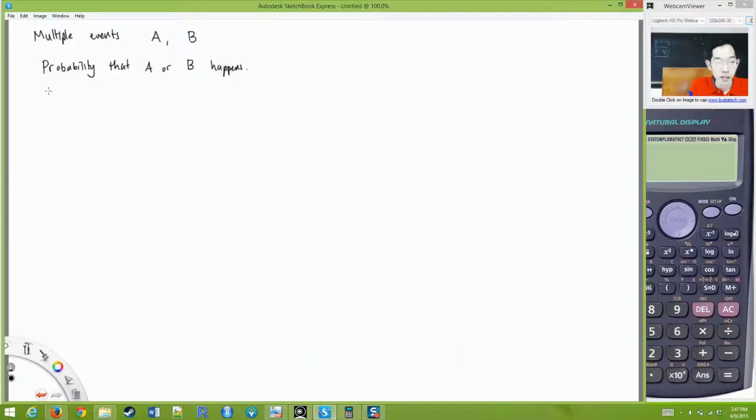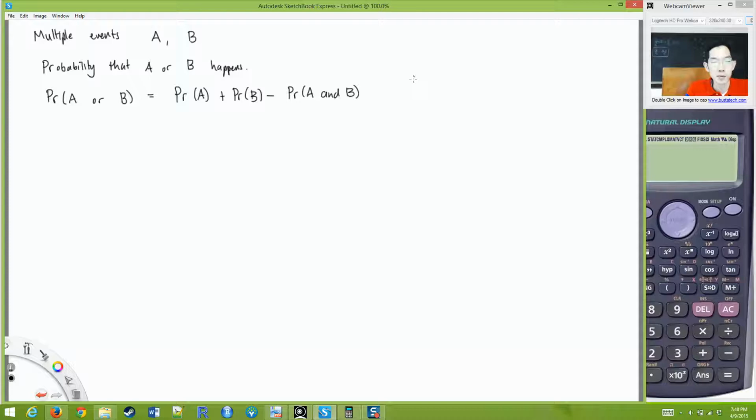Okay? And we would write, this would be the probability of A or B. Okay? And the formula for this is the probability of A plus the probability of B minus the probability of A and B.